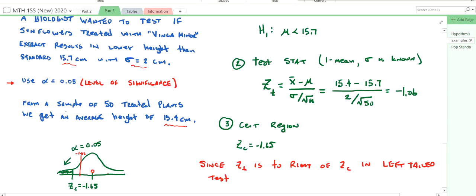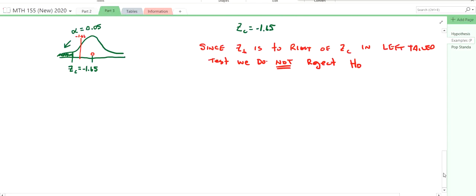It's in the white area somewhere. It's not falling in the critical region. We do not reject our null hypothesis. So we do not reject our null hypothesis.